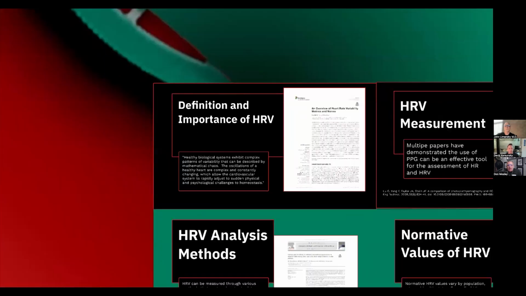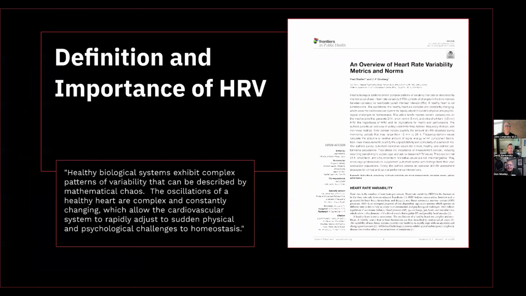So back to you. Today's time constraints prevent us from doing a really deep dive down the rabbit hole of HRV analytics. If this is something you're looking for, this is an excellent review paper, an overview of heart rate variability metrics and norms. I recommend it highly. And again, the reference will be in the bibliography.